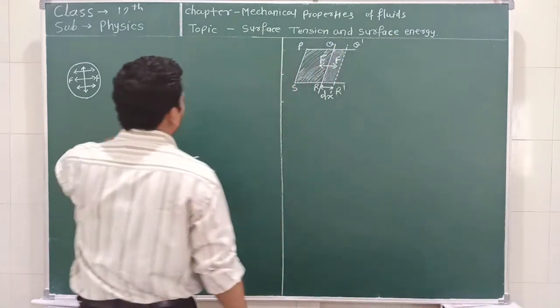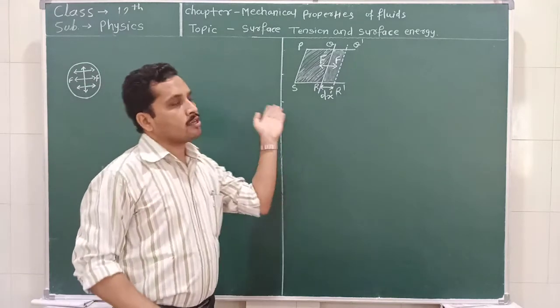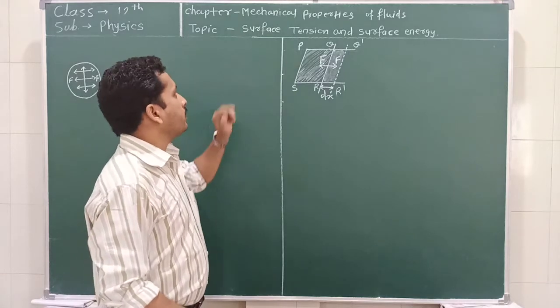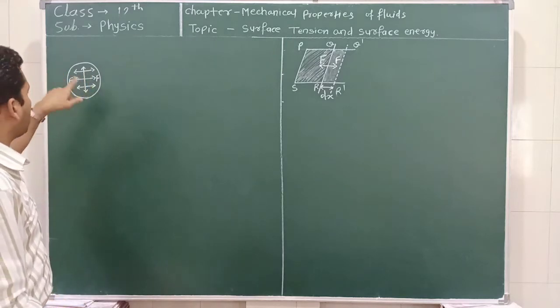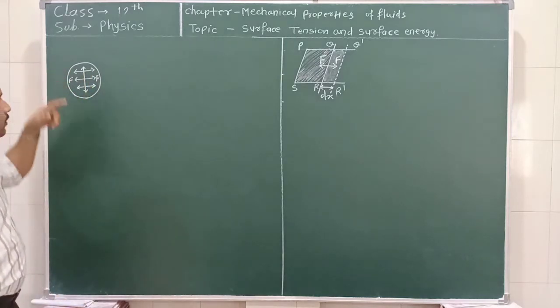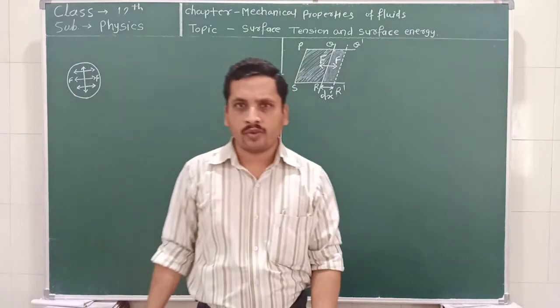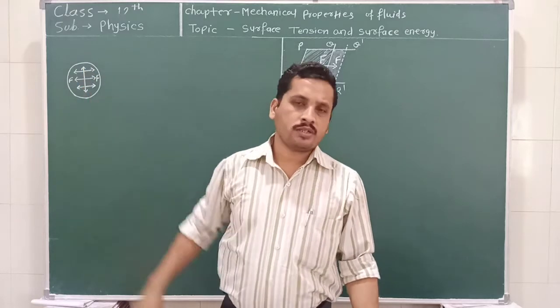So, what is surface tension? In the last lecture, we explained surface tension on the basis of molecular theory, but we can't define it that way. Surface tension can be defined in an easy way. Consider a free surface of liquid, an overview of a free surface of liquid, and an imaginary line is drawn on the surface.